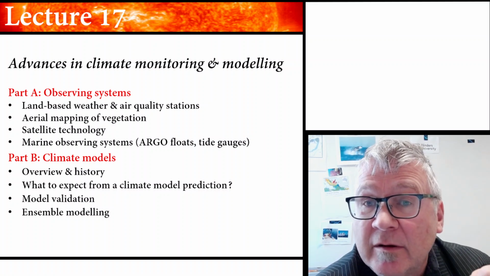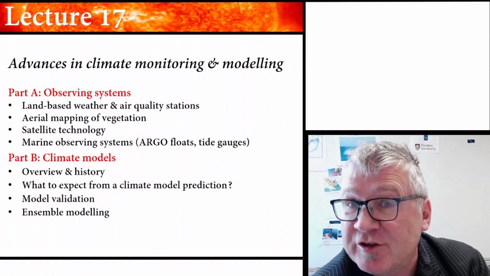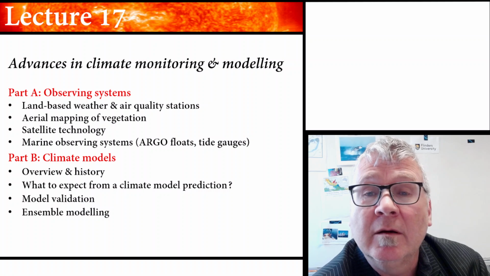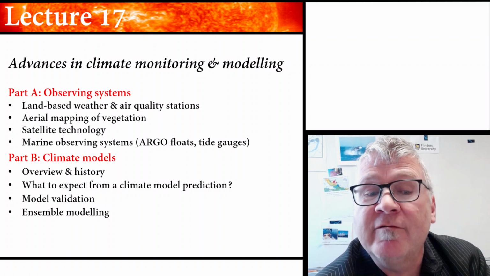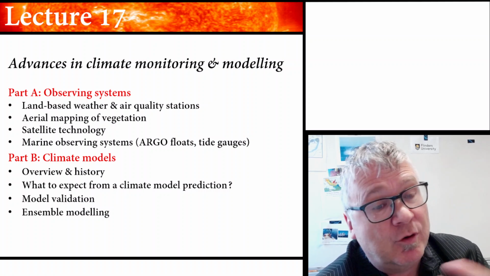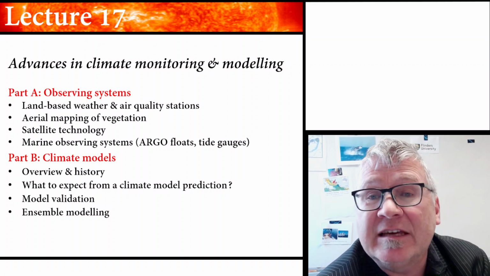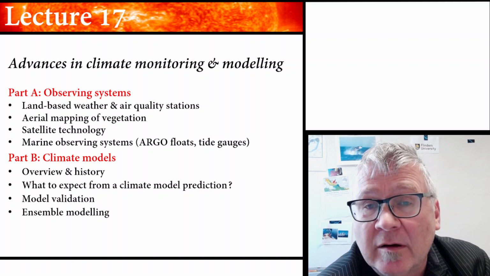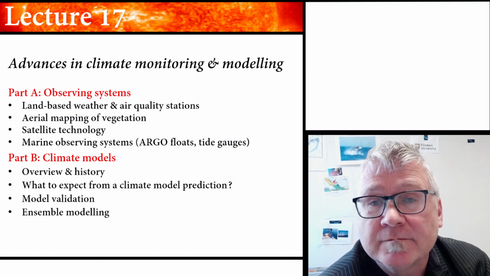Then we look at methods to map vegetation. Then I talk about satellite technology, just a brief overview. And then marine observing systems, where there's a range of significant advances made, like the development of Argo floats.